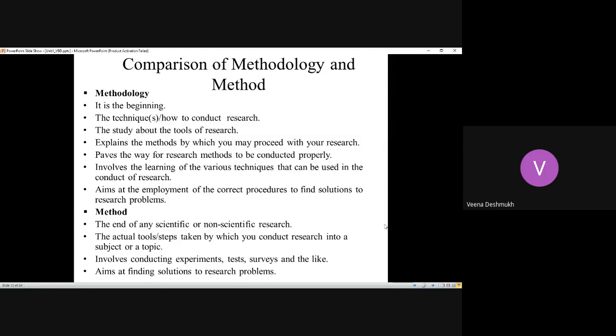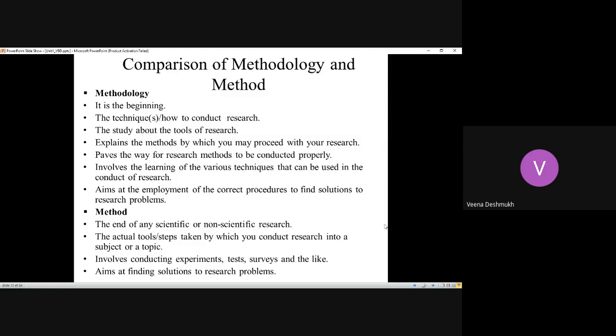So the study of these different methods, how to conduct this kind of research, comes under methodology.